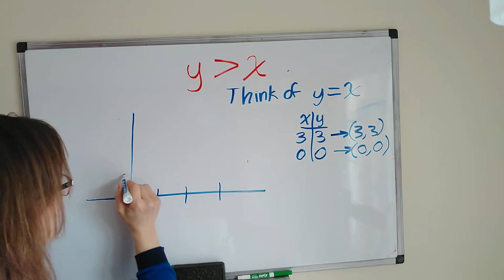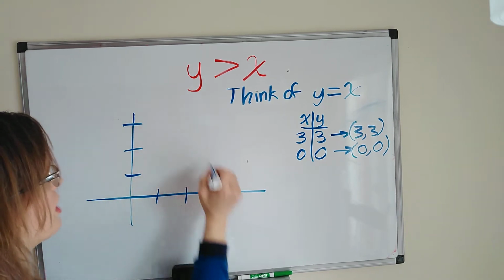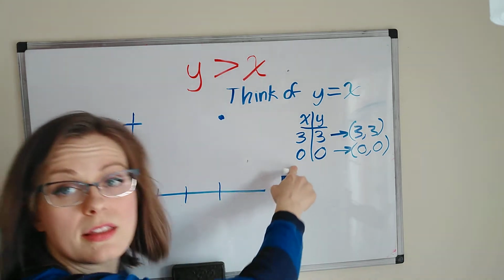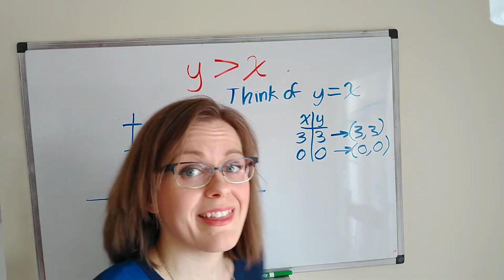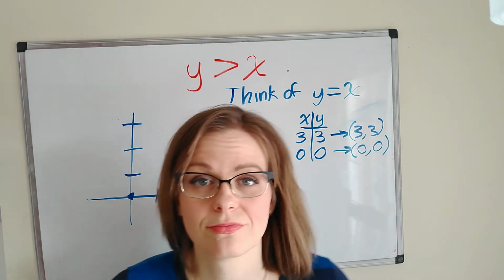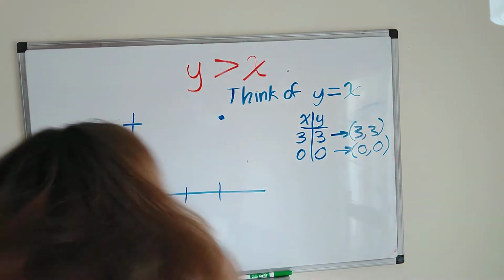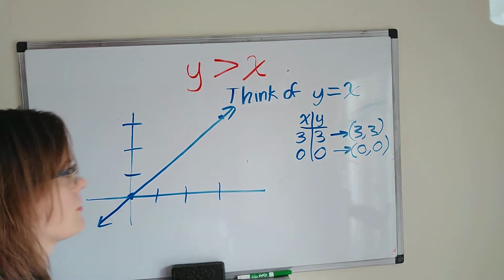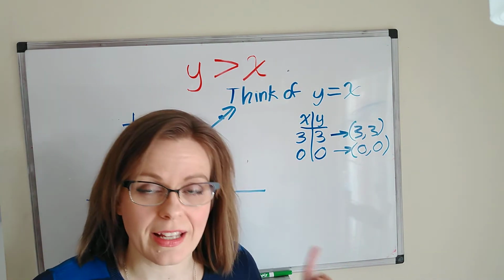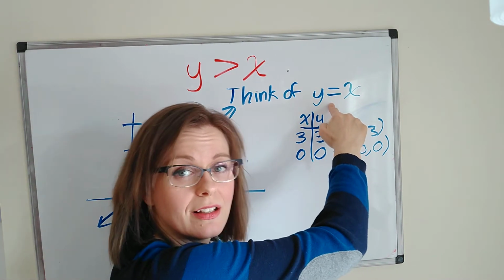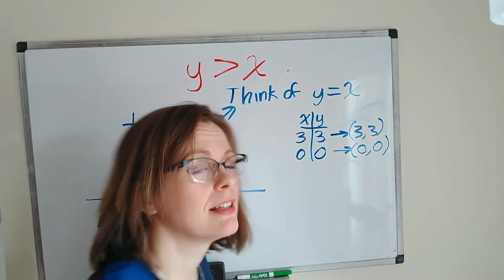So we walk over 3, we walk up 3, and the point would probably be about there. The second point, 0, 0, that's the origin, right there. So let's draw a line. And this graph approximately represents the linear equality, the line, y is equal to x.